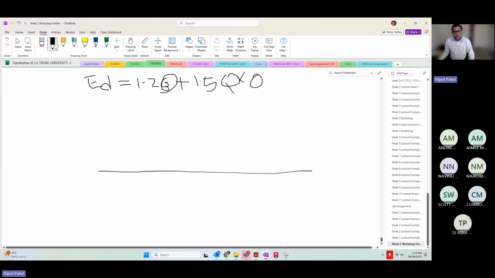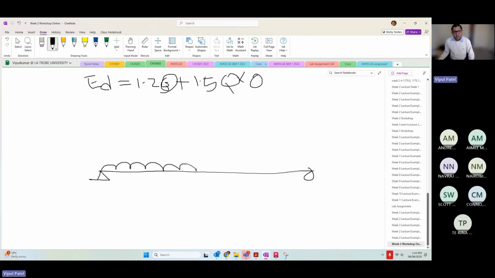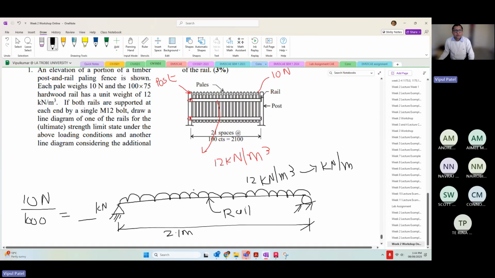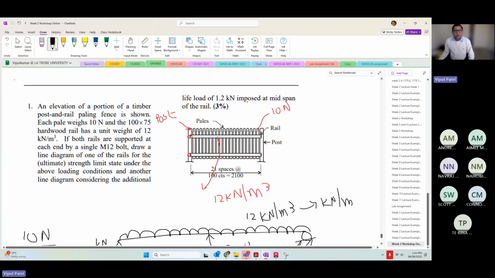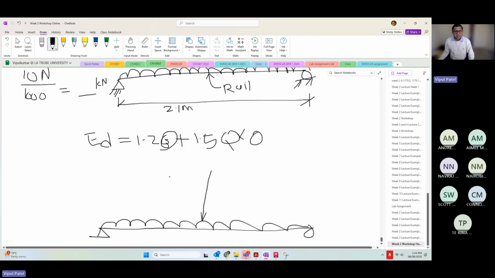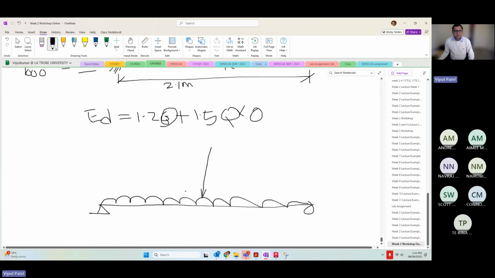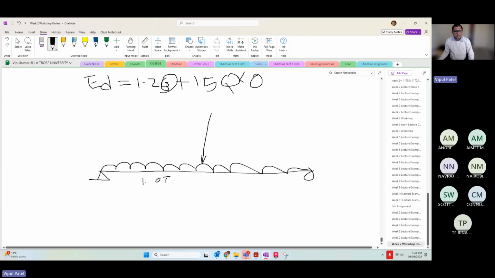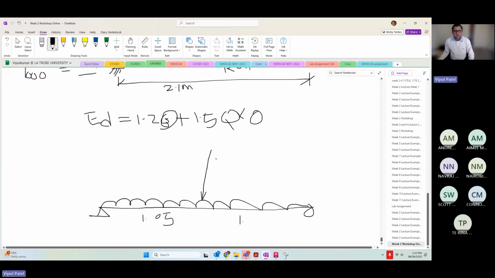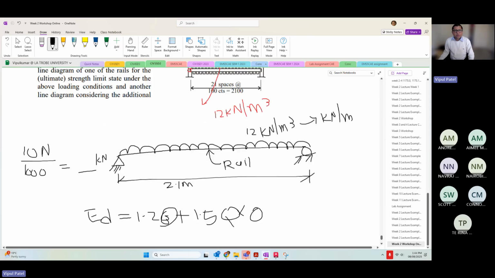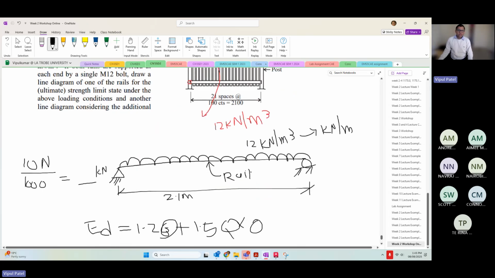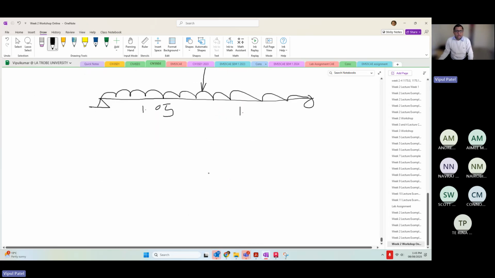Whatever you calculated as dead load, this is ultimate, and you need to put a point load imposed at mid span. So 2.1 half is 1.05 here, and then you say that this is 1.5 times 1.2. So that's your live load on that one.